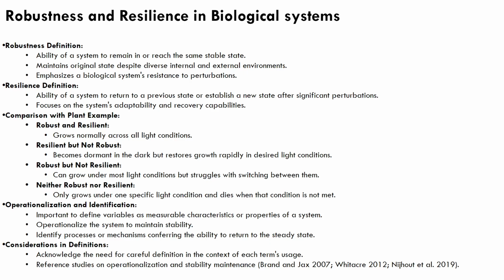So basically, if you try to move a system from one state to another, and it can establish a new state after significant perturbations, and that state is stable and doesn't move away, then the higher is your resilience, the higher is your ability to return to a previous state or establish a new state after significant perturbation.